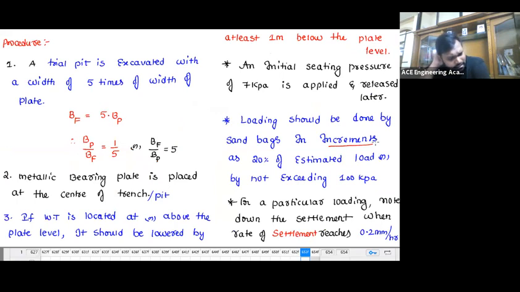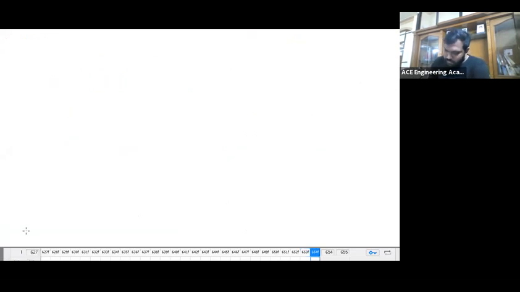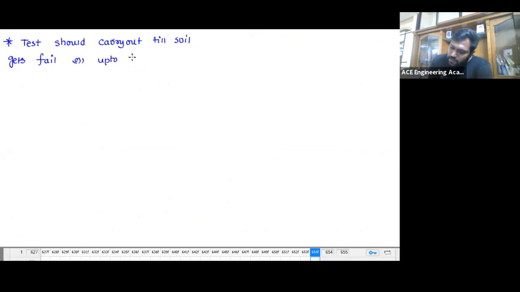Now you might wonder, sir, when should I stop this test? This test should be conducted till the soil fails or till it reaches a maximum settlement of 25 mm. Test should be carried out till the soil fails or up to a settlement of 25 mm.